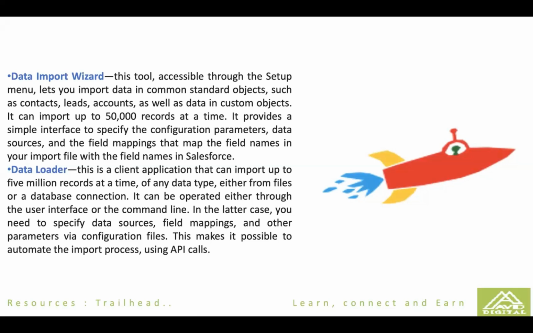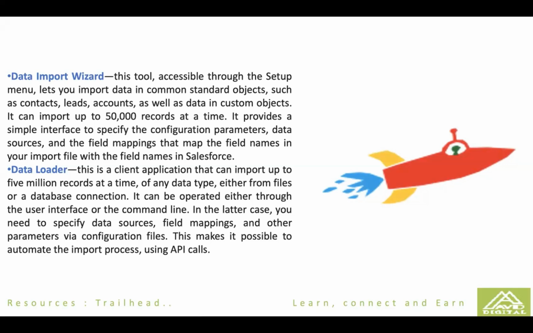You can also use it to hard delete. When you use Data Loader to upsert, it simply means you are using it to insert and, at the same time, to update. It's doing two things for you at a time. That's why they use the word upsert. They coined that word from updating and inserting.